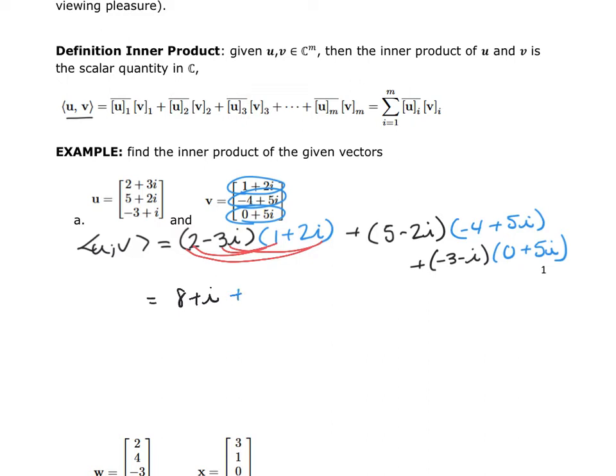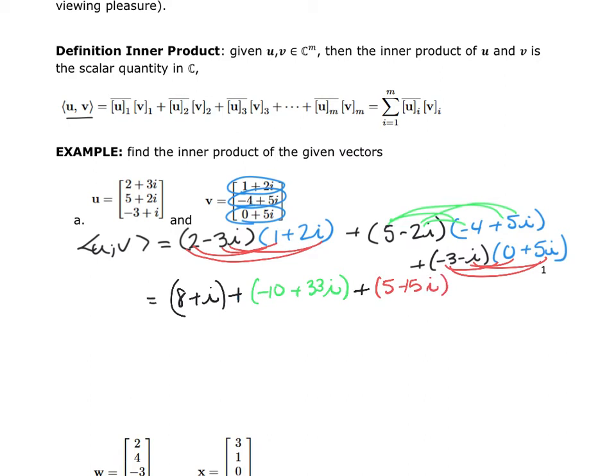And then when I do my second multiplication of the second set of complex numbers, what you're going to get is plus negative 10 plus 33i. And then I'm going to do this last multiplication through, distribute and multiply and combine like terms, and that's going to give me 5 minus 15i.